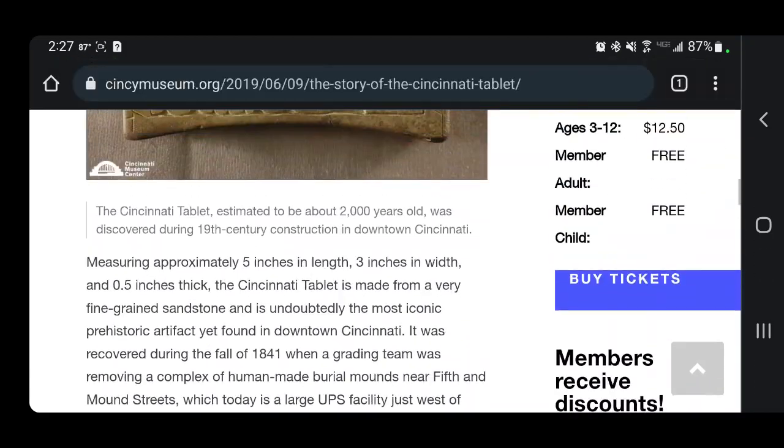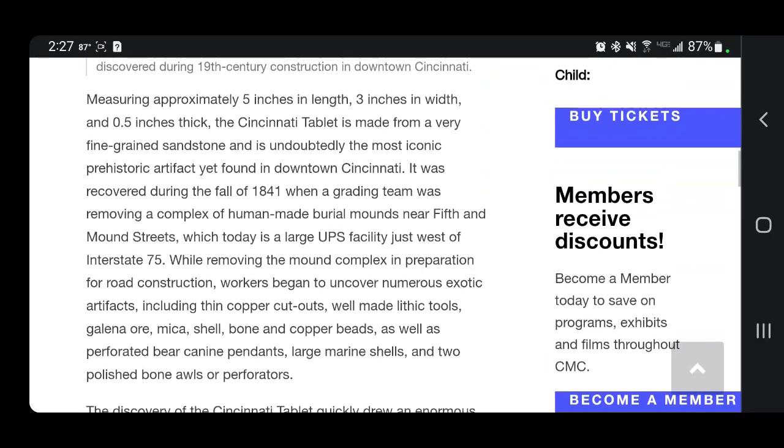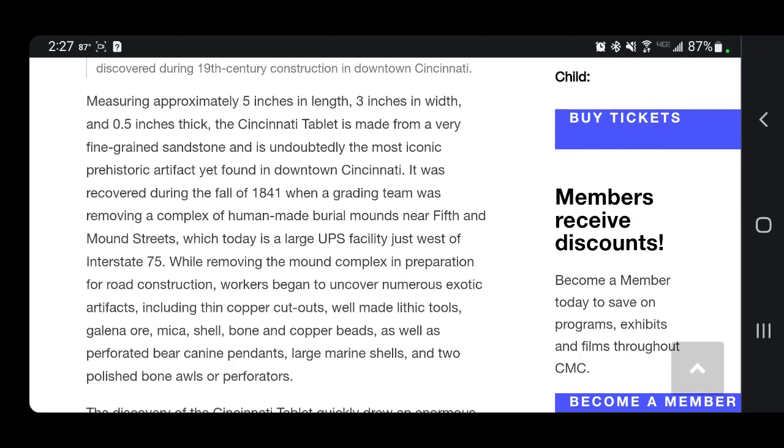It's roughly 3 by 5 inches, kind of roughly. It's about a half an inch thick. It's made from sandstone. And this is probably the most well-known artifact found in the downtown area.